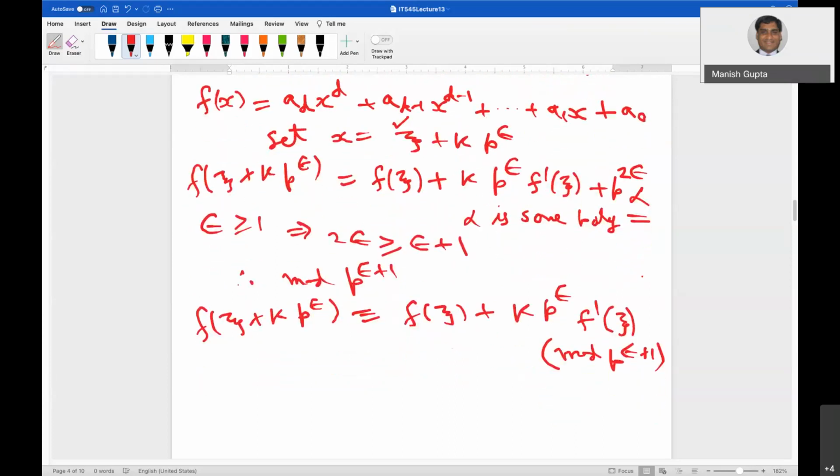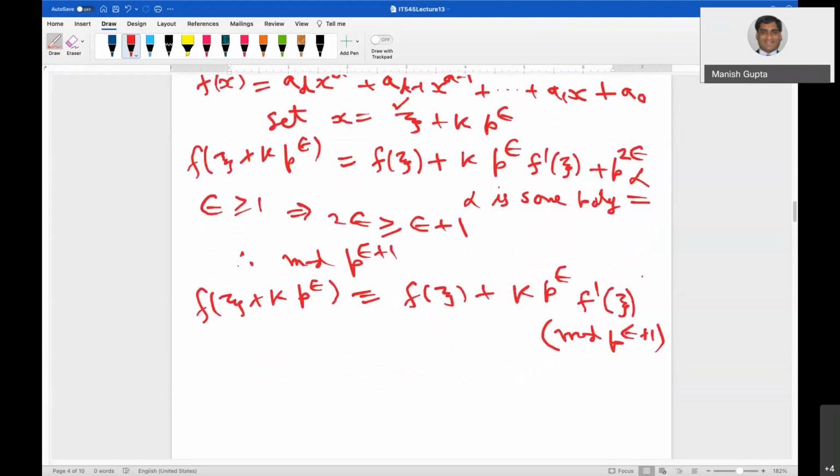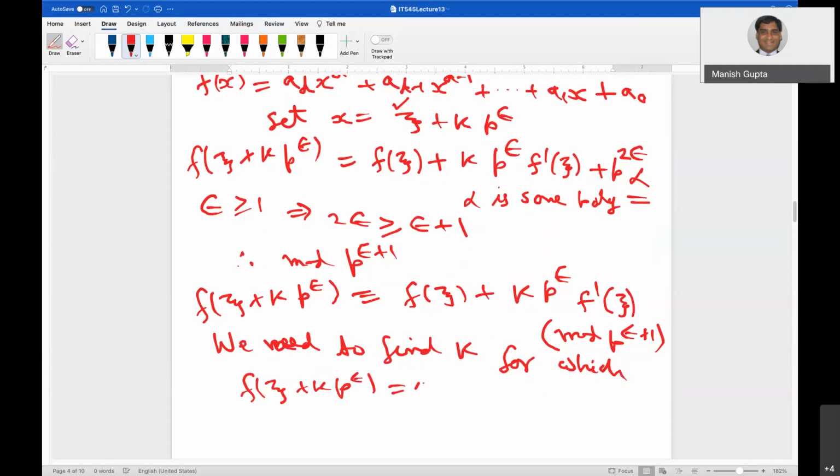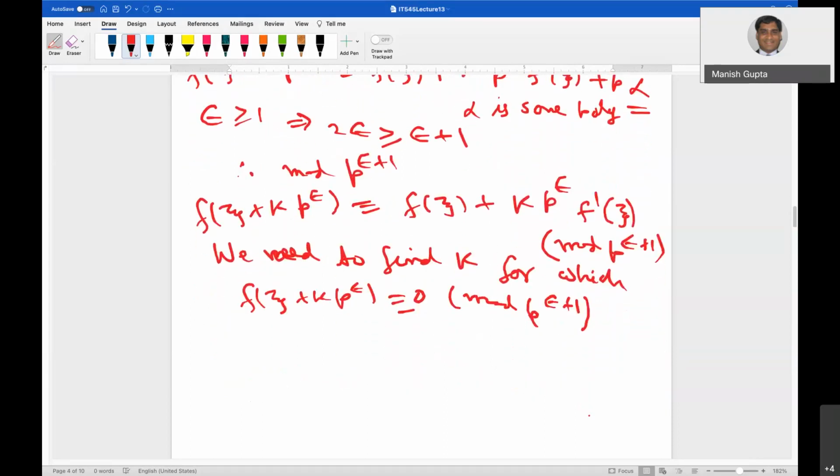So we need to find k for which f of xi plus k times p raised to power epsilon is 0 mod p raised to power epsilon plus 1. k की किस वैल्यू के लिए मॉडलो p raised to power epsilon plus 1 के लिए वैल्यू 0 है?